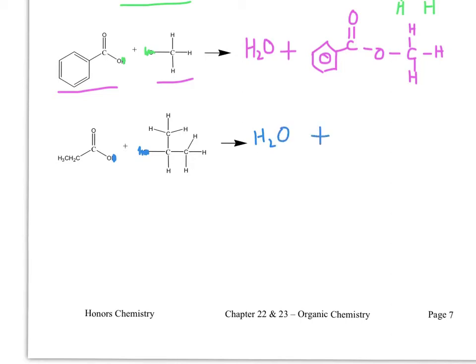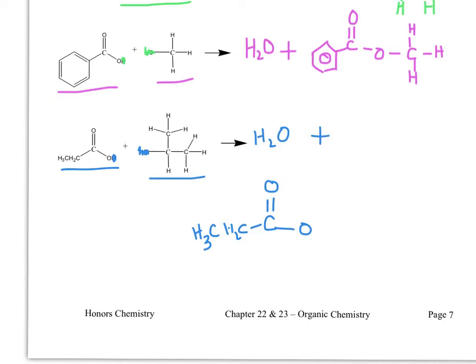And then my other product is going to be whatever is left of those molecules. So let's see, I have a C double bond O, and a CH2, CH3. On the other side, I just have an O.